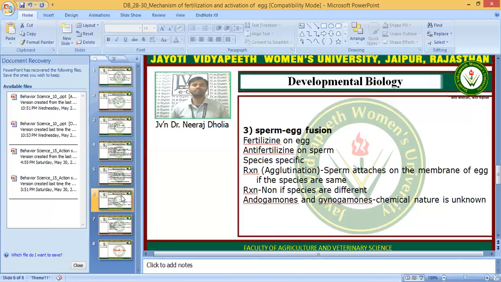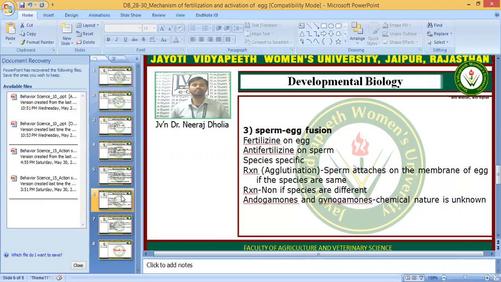One protein, the fertilizing protein, is present on the plasma membrane of the egg. Likewise, the anti-fertilizing protein or the receptor is present on the surface of the sperm or the male gamete.